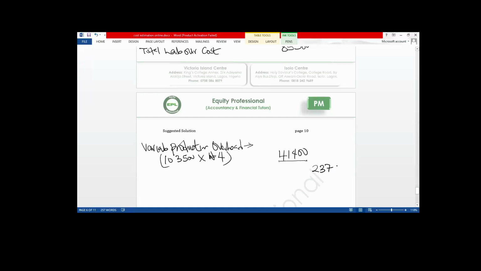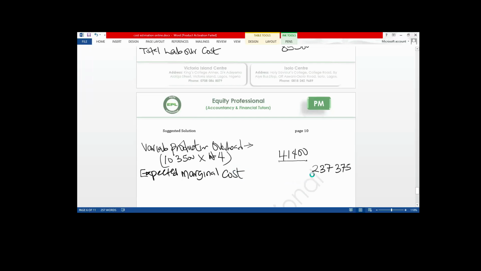That is total material cost plus total labor cost plus total variable production overhead cost. Good. This is our expected margin, or total marginal cost.